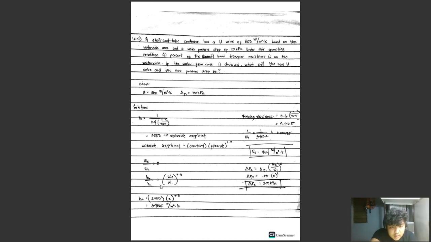So proceeding sa mga formula nga gin-derive ta, we have H2 equals 2000 times 2 raised to 0.8.